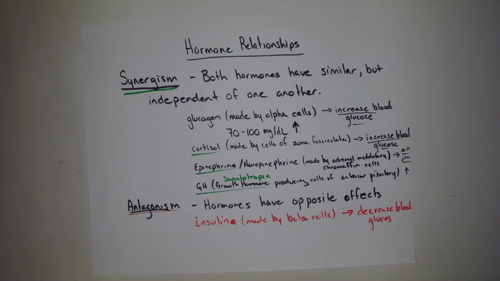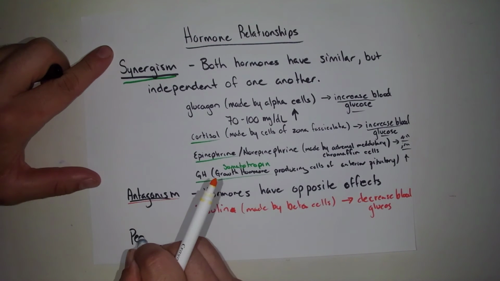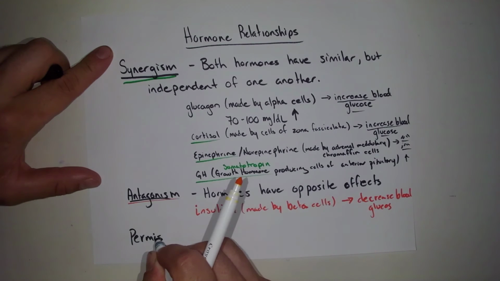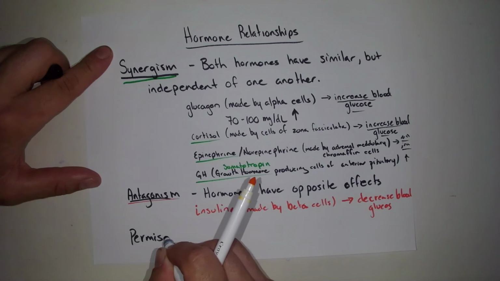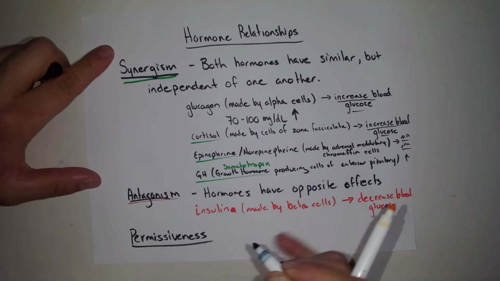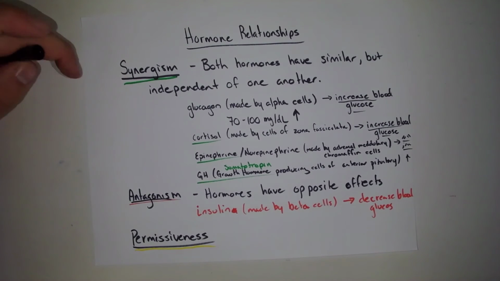Now there's one more category, and that's permissiveness. And permissiveness is where one hormone will allow the other hormone to work.